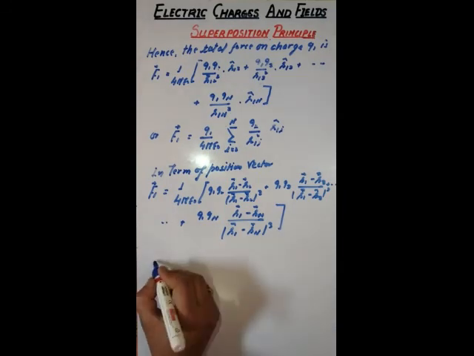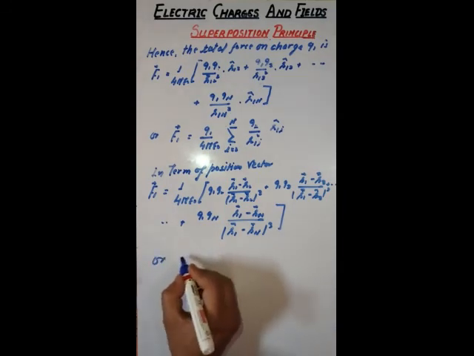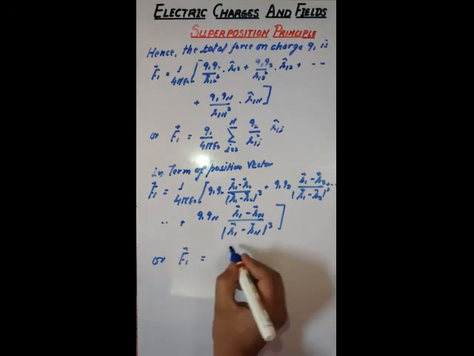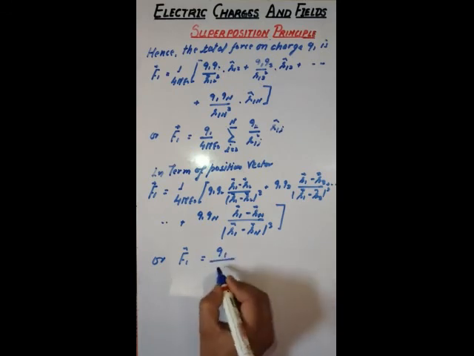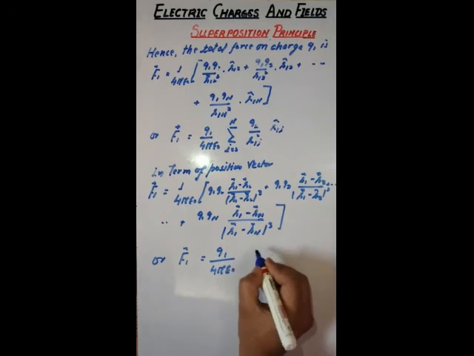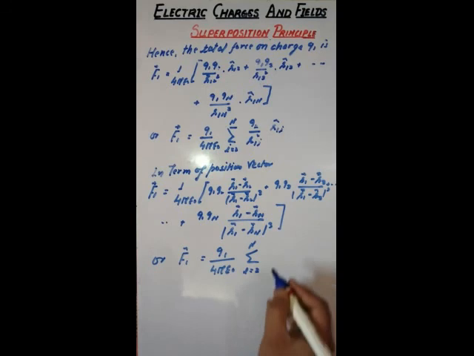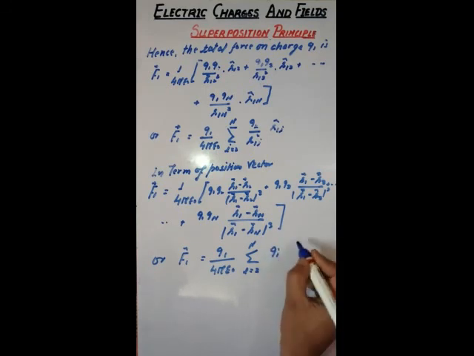Or you can write the force exerted on the first charge particle as 1 upon 4 pi epsilon naught, summation with i equal to 2 to n, Qi times (R1 minus Ri) upon |R1 minus Ri| cubed.